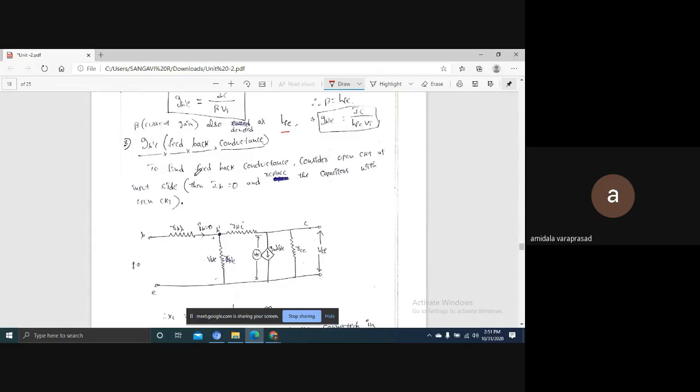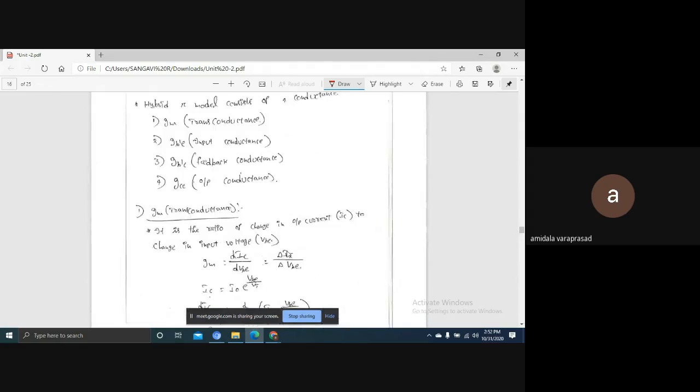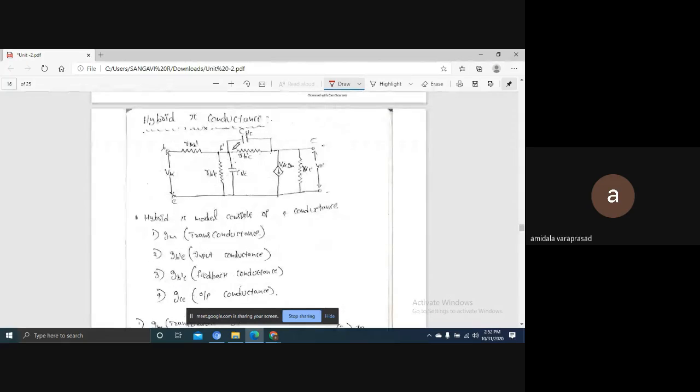To find the feedback conductance, consider open circuit at the input side. Then IB is equal to 0, and replace the capacitors with open circuits. From the hybrid pi model, the capacitances are replaced with open circuits and the input side is open, so the IB current will be 0. Listen carefully: these two capacitors are open circuit and IB is equal to 0.